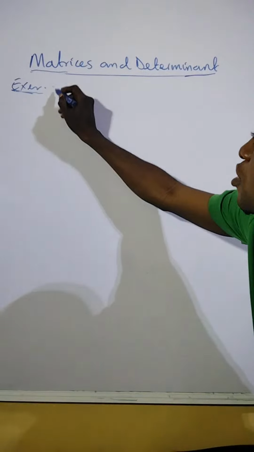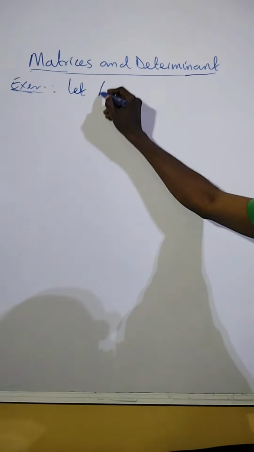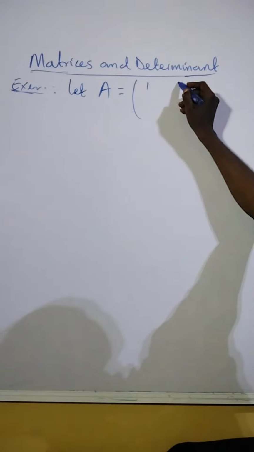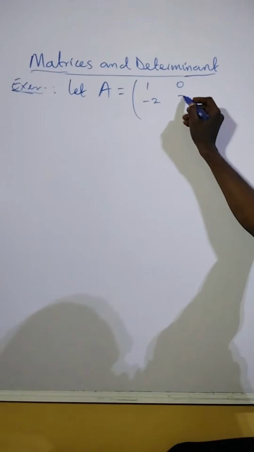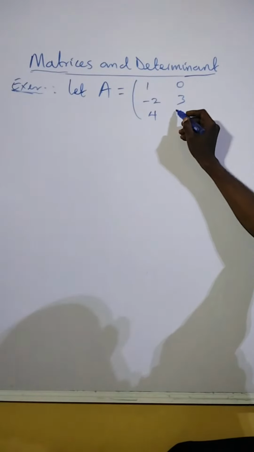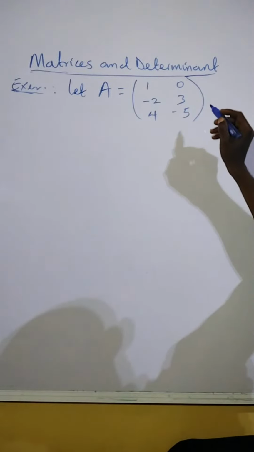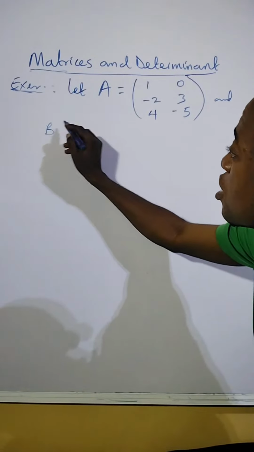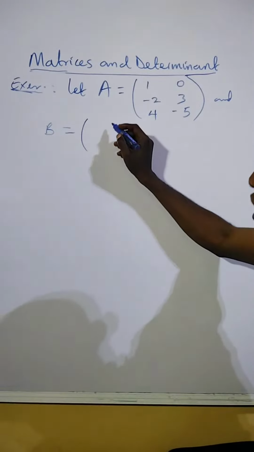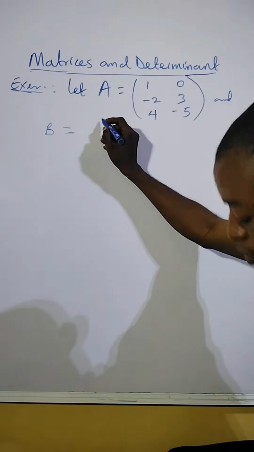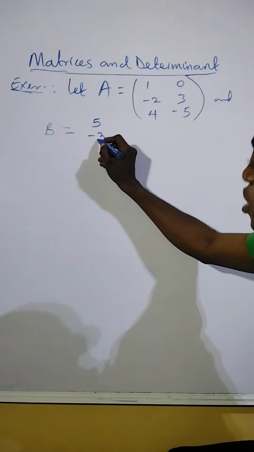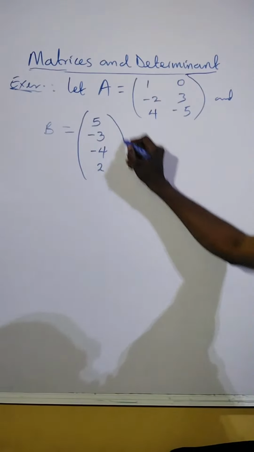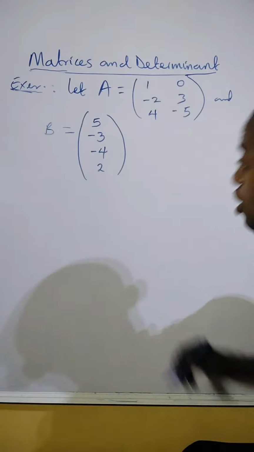Let A be equal to the elements 1, 0, minus 2, 3, 4, minus 5, and also we have another matrix B, and B is given as 5, minus 3, minus 4, 2. Now these are the two matrices given.